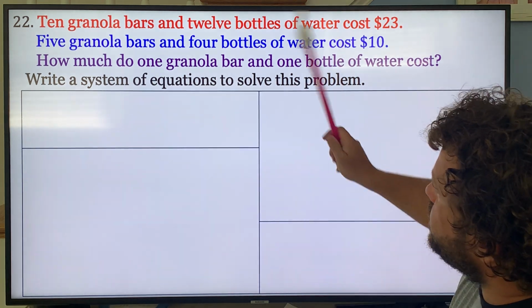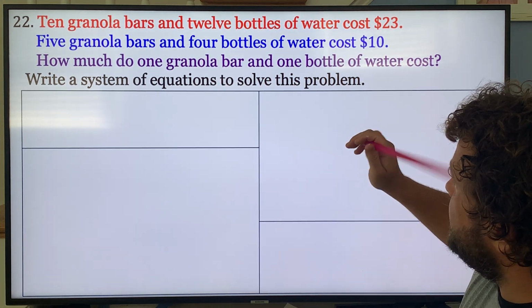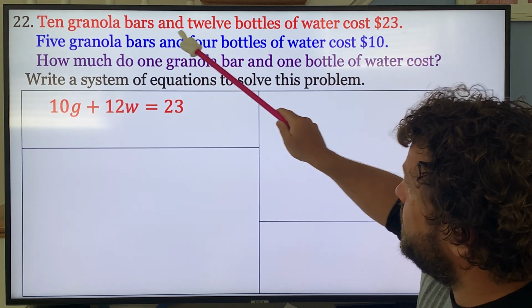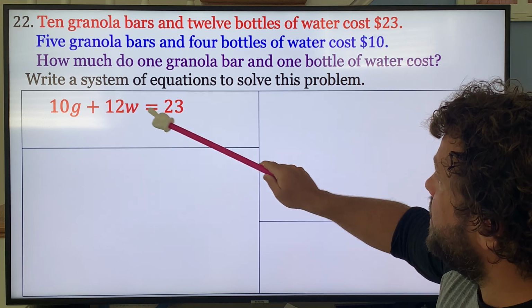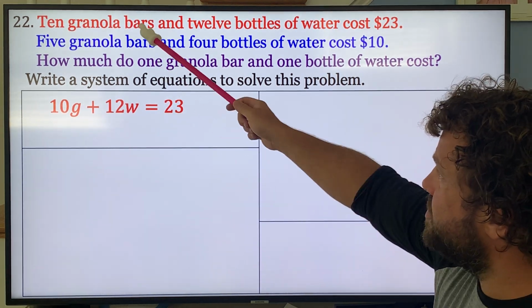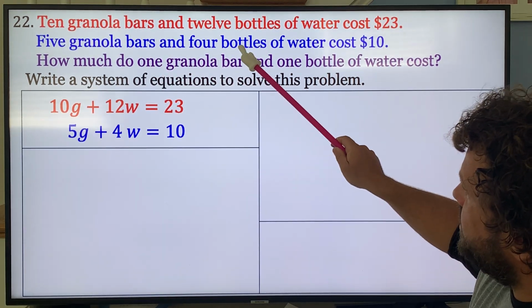So let's start. Granola bars will be G, water bottles will be W. So you got 10G plus 12W equals 23. If you use B for bottles, that's fine, but there's too many B's. 5G plus 4W equals 10.